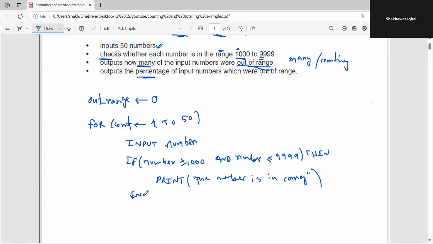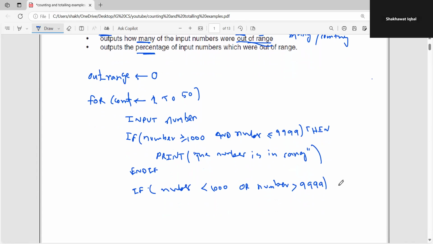And if the number is less than 1000 or if the number is greater than 9999, then what? Then we can say the number is out of range.